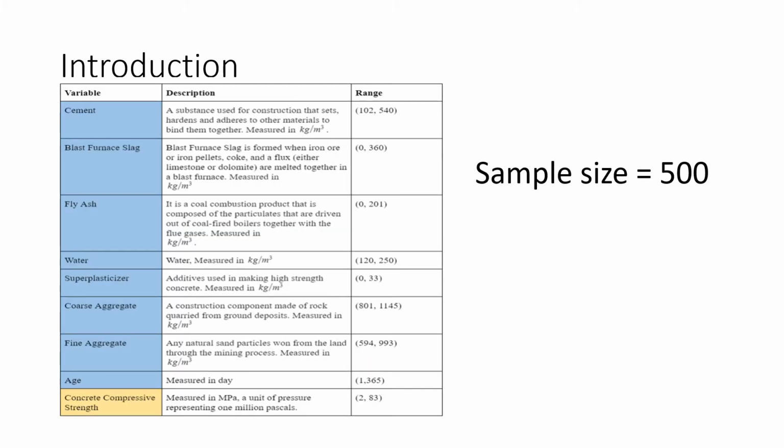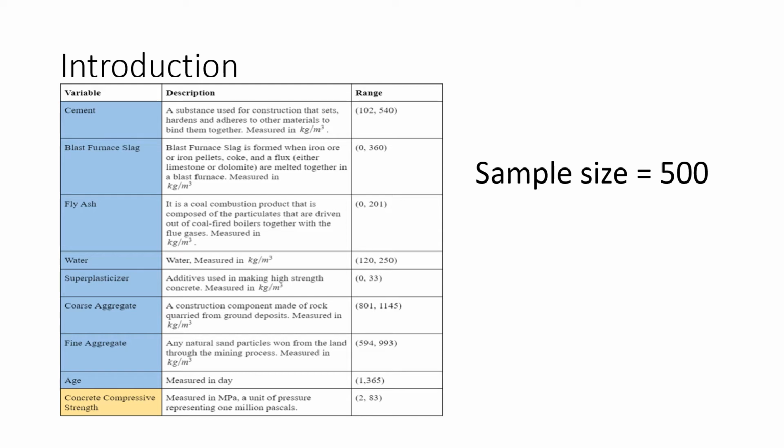Now, an introduction of the explanatory variables: X1 is cement, X2 is the blast furnace slag, which is a substance that is formed when items are melted together. X3 is fly ash, which is basically the product of coal mixing with other gases.